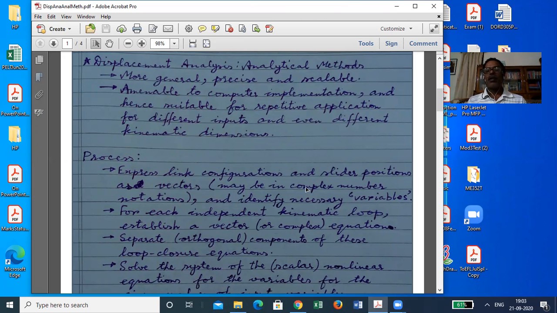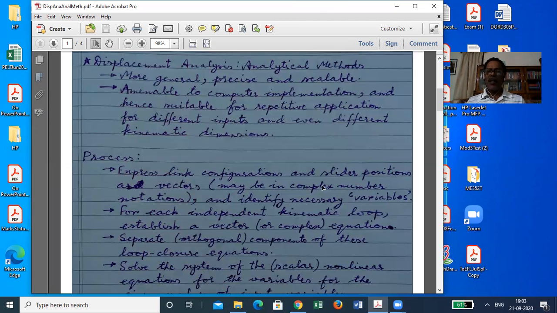Whatever you can write in terms of ij components, you can write the same thing as real and imaginary components of a complex number. And whatever operations you could do with vector algebra in 2D, the same things you can do for complex numbers. So classically, people found complex numbers more suited.